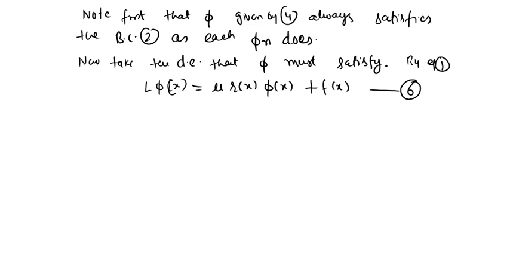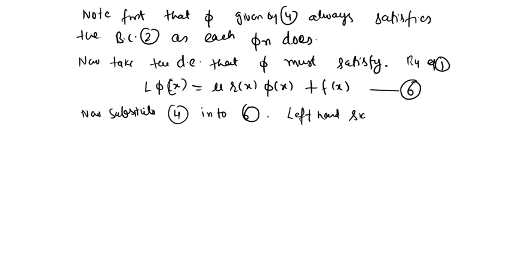Okay, so now substitute the series 4 into 6 to find b_n. Okay, so the left hand side becomes L phi(x).